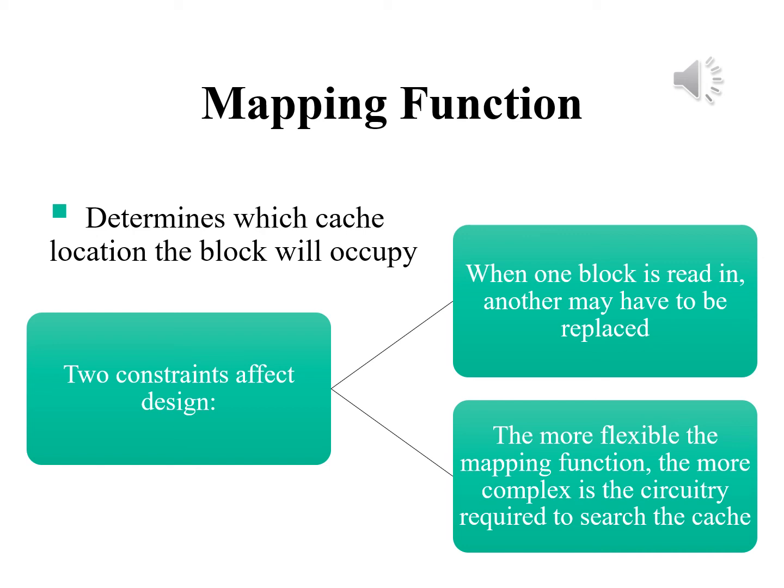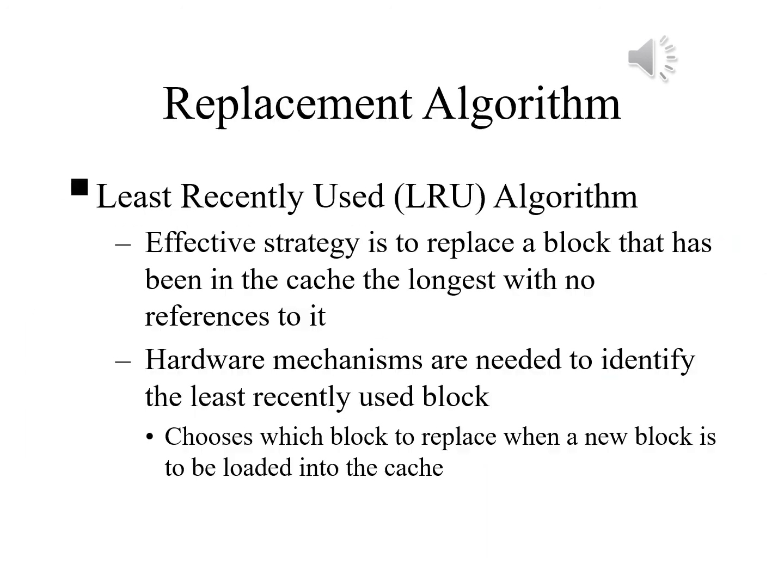The more flexible the mapping function, the more scope we have to design a replacement algorithm to maximize the hit ratio. Second, the more flexible the mapping function, the more complex is the circuitry required to search the cache to determine if a given block is in the cache.